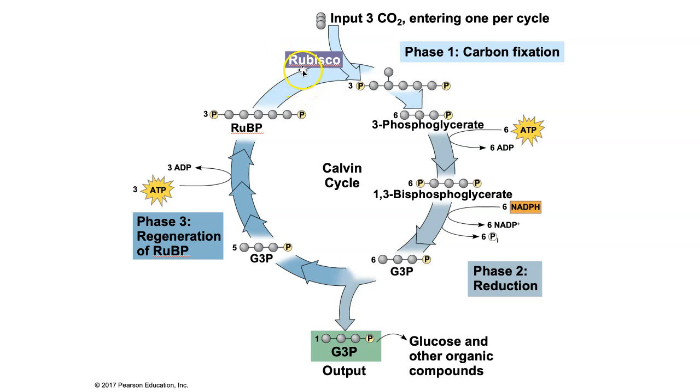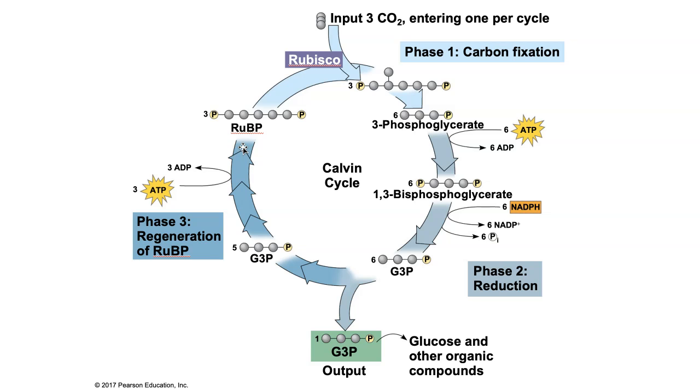Rubisco is short for ribulose bisphosphate carboxylase, so it's a big word, but we shorten it to rubisco. Rubisco grabs a carbon dioxide and places it onto this molecule right here, which is ribulose bisphosphate, RuBP.